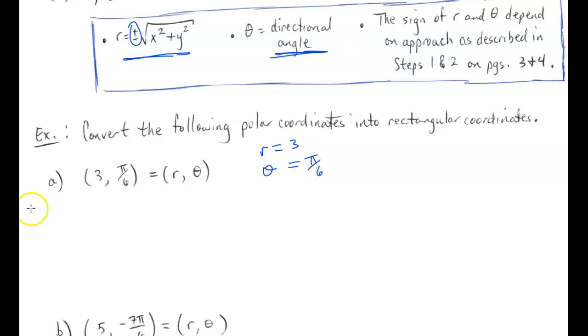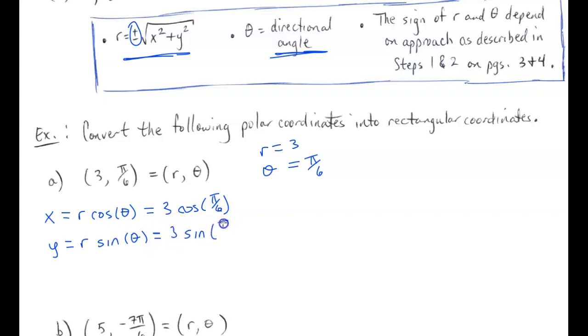So simply put, we know x is just going to be r cosine of theta, which is going to be 3 cosine of pi over 6. And y is going to be r sine of theta, which is going to be 3 sine of pi over 6.